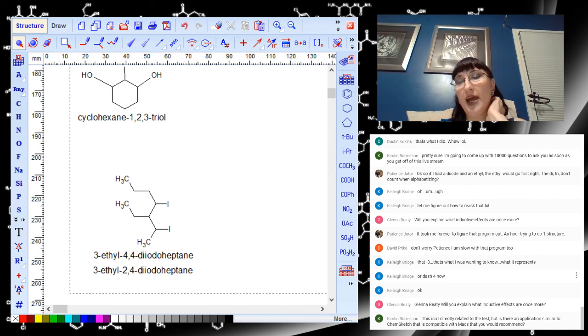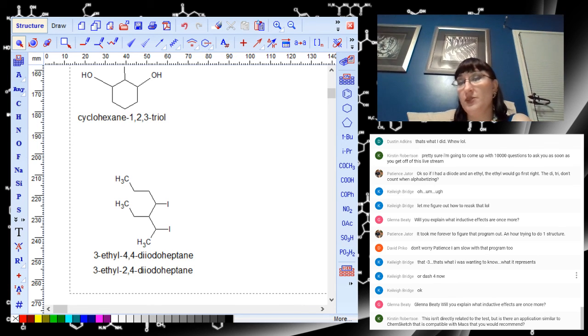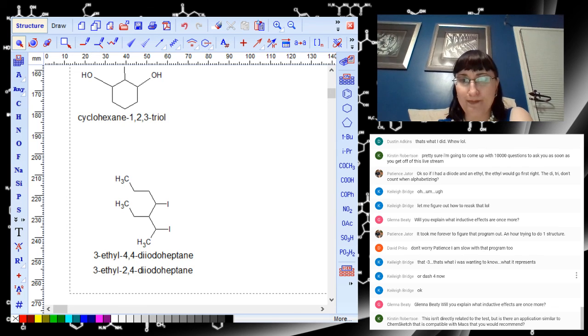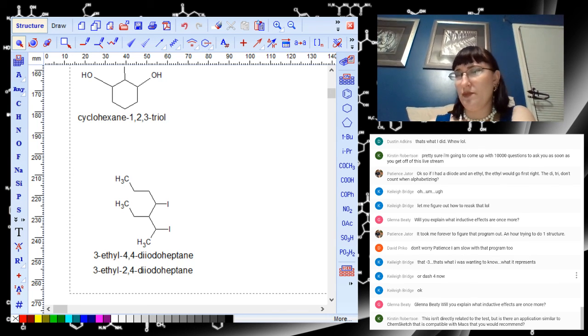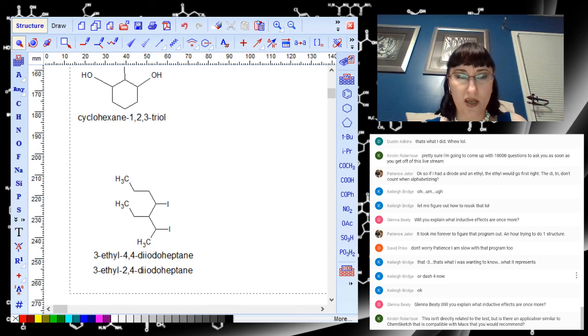So if you ask the ChemSketch people, they say that ChemSketch is compatible with Macs, but you have to download something with it, some sort of simulator, to basically make the program think it's running on a PC.